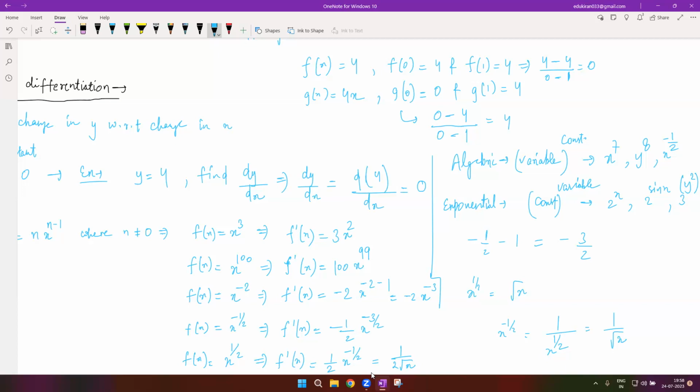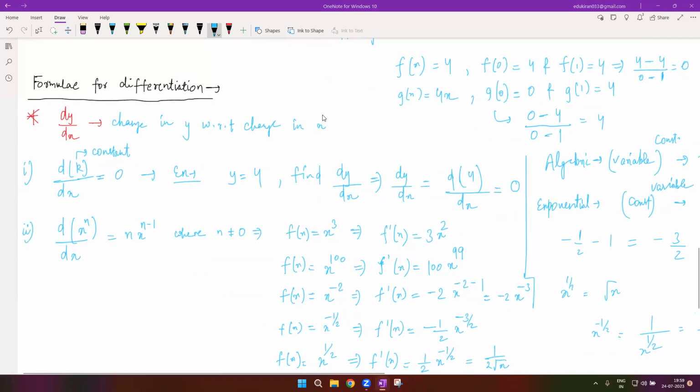There is also a 2, right? If you are finding the differentiation of root x, then it will be 1 upon 2 root x. It will be used a lot, we'll be using this very frequently.